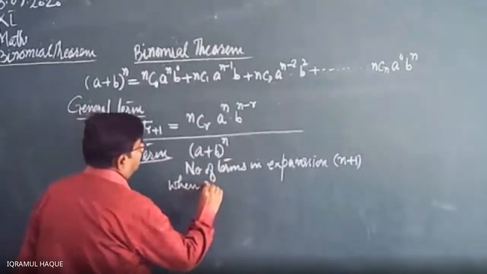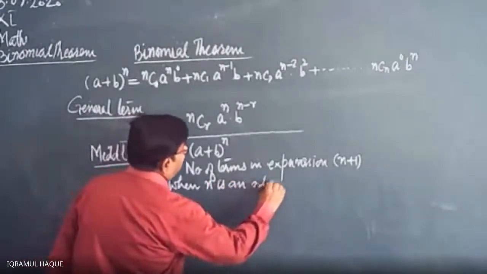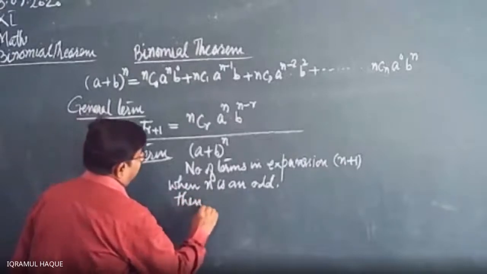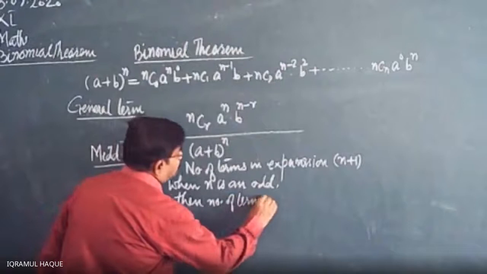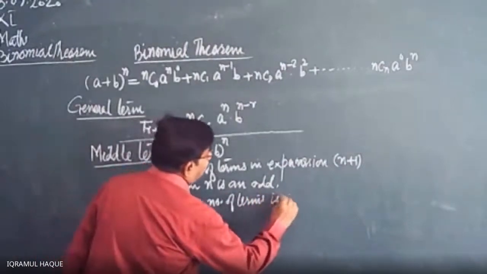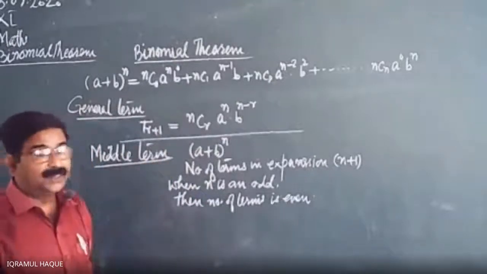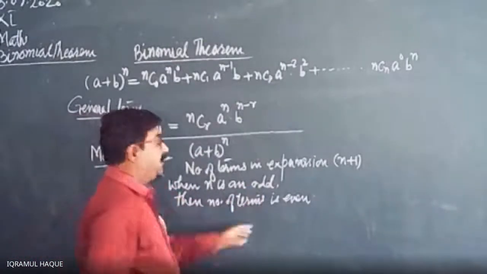When n is odd, then the number of terms is even, because one more than odd is even.